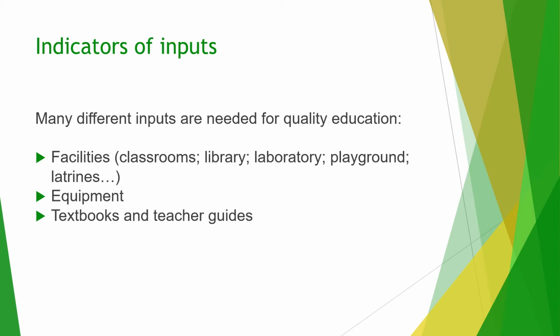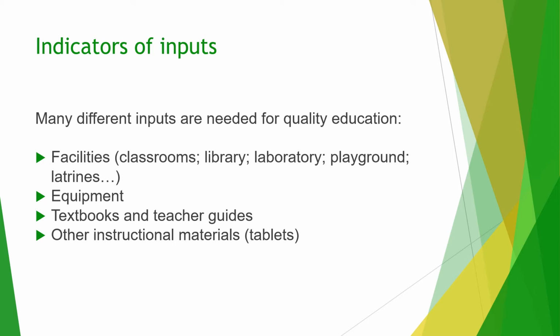Textbooks and teacher guides are essential inputs, and many others may have referred to instructional materials such as computers or tablets, whichever you may consider to be the most pertinent materials. You may have looked at others because indeed the choice of these inputs depends quite a bit on your own context.